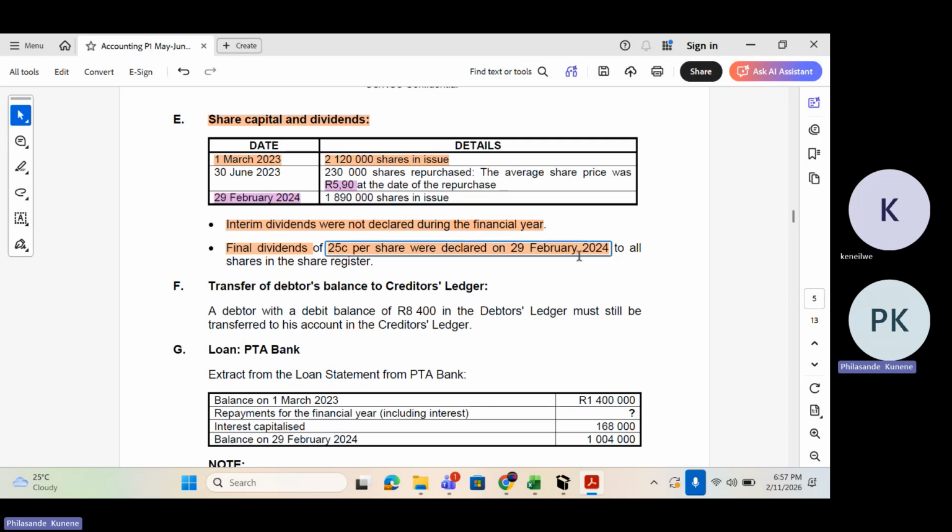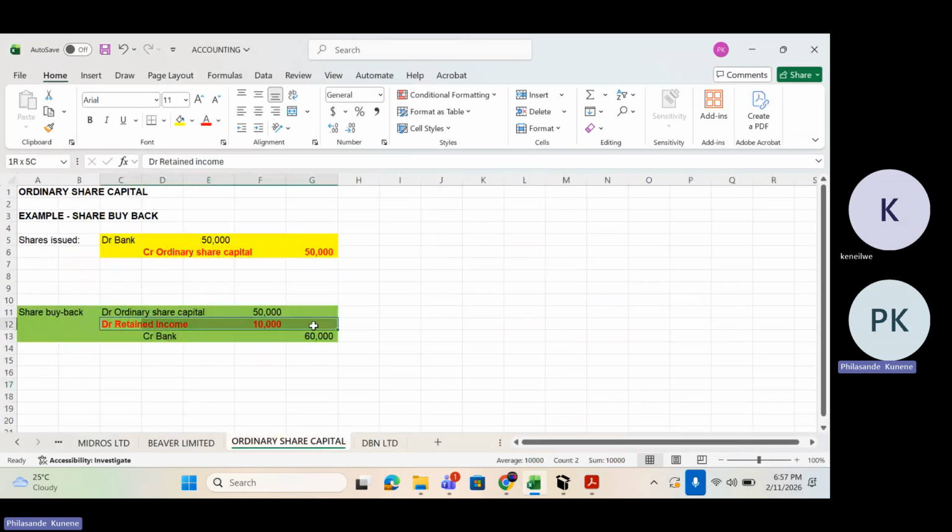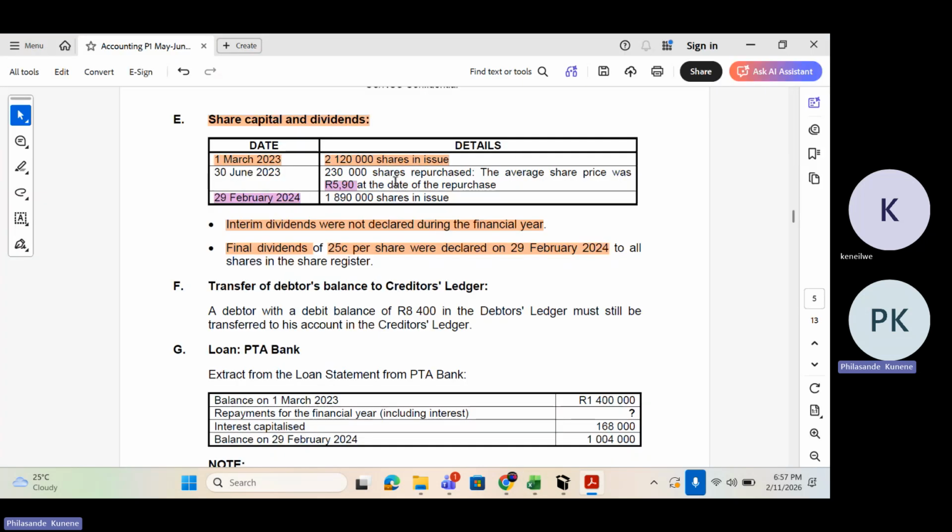Okay. We said also what else we need. We needed that difference that we spoke about for share buyback, because I did say that share buyback also affects retained income. You'll remember our previous session, we spoke about retained income being affected by the ordinary share capital and the share buyback, but that should be an extra amount that we don't have here.